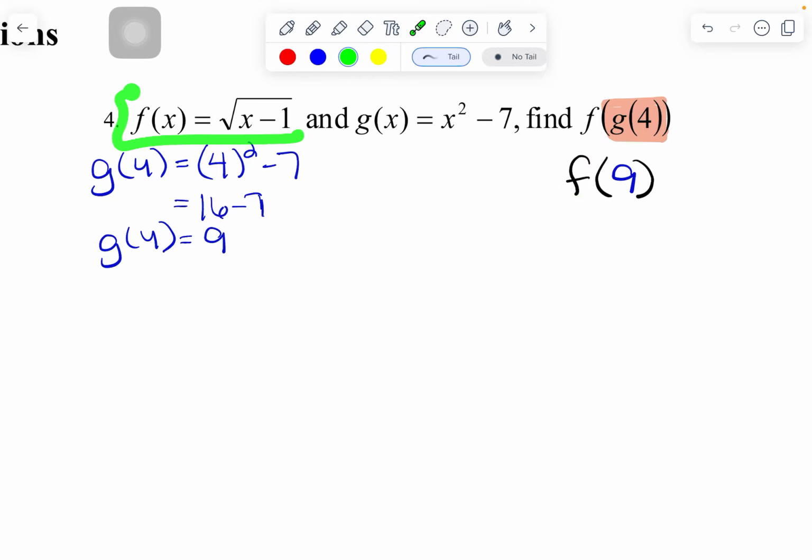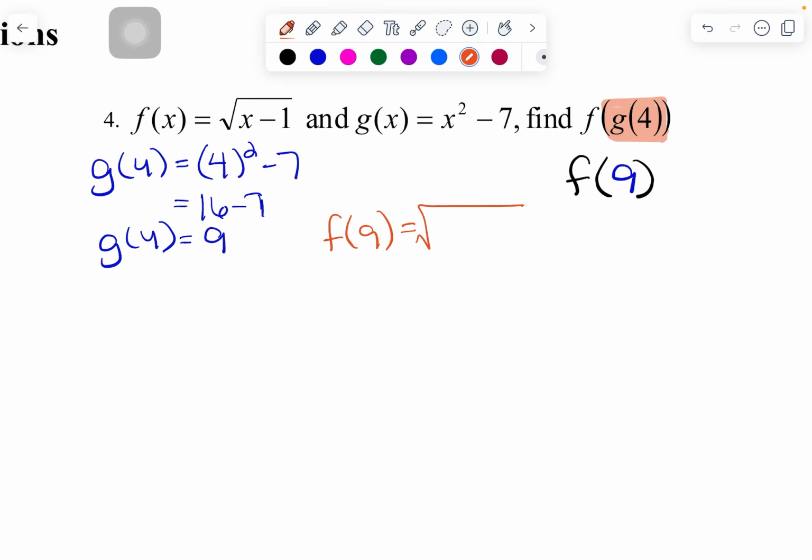But that uses the f function. So make sure you're using the right functions here. I'll go with orange because I can. So let's see. f of 9 is equal to the square root of x, x is 9, minus 1. So 9 minus 1 is 8. But here's the thing. I don't want to leave root 8 because we've been doing some work on simplifying radicals here.